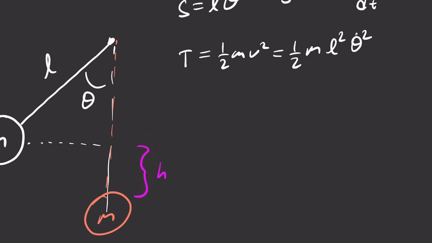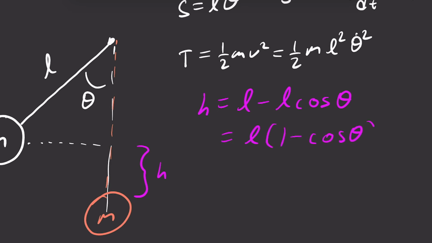We just need to subtract from the entire length L this height, which, if you know some basic trigonometry, will be L times cosine theta. So the height will just be the total length L minus L cosine theta, or L times 1 minus cosine theta.